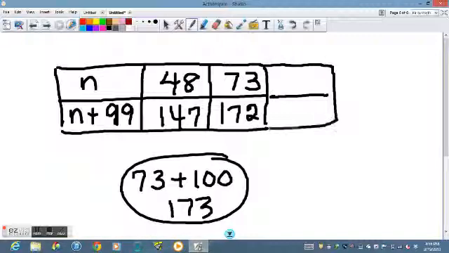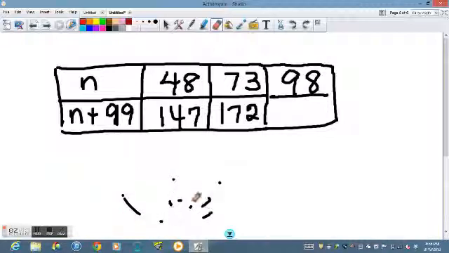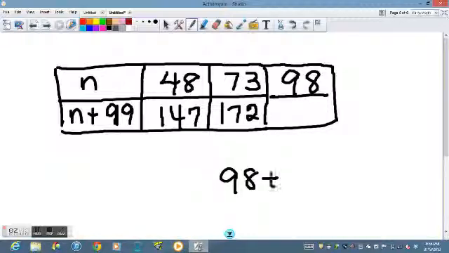Alright, so now, last one, let's say I have 98 for n, and I'm trying to figure out what is n plus 99. In other words, what is 98 plus 99? Okay. So we're going to use the same strategy again. We're going to think about in our mind, instead of 98 plus 99, what's 98 plus 100?